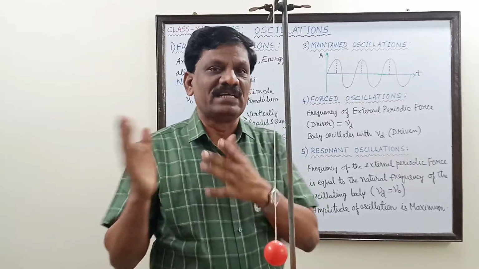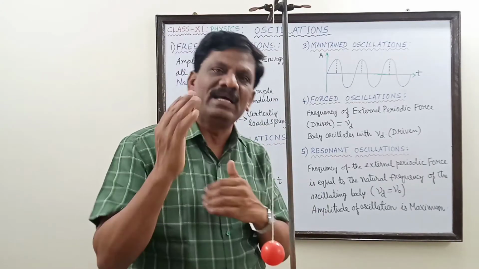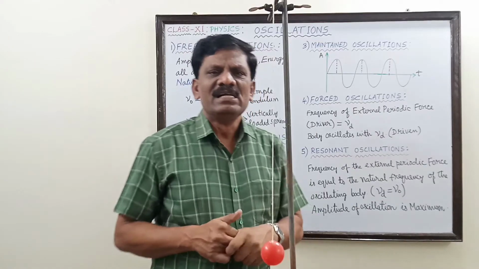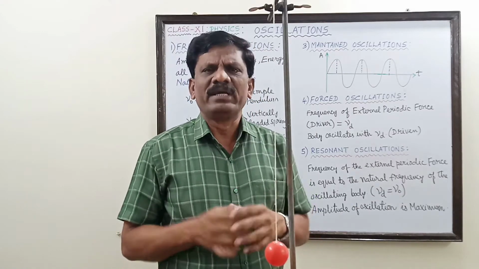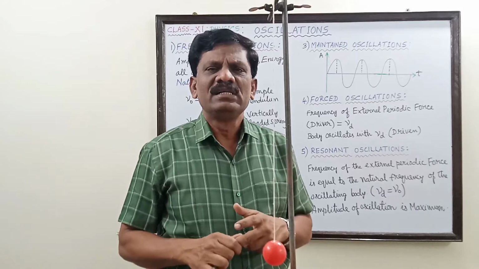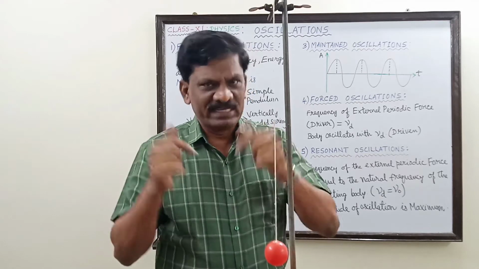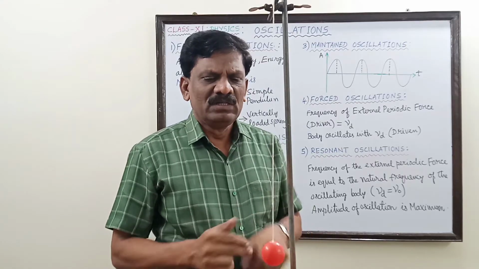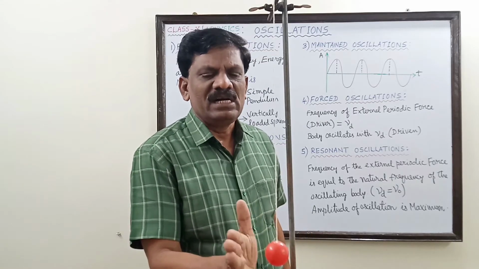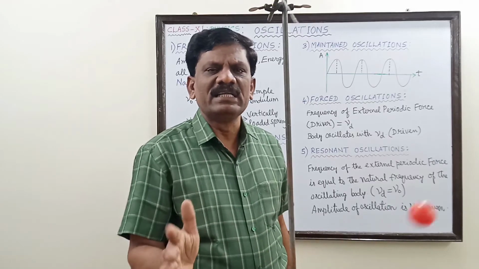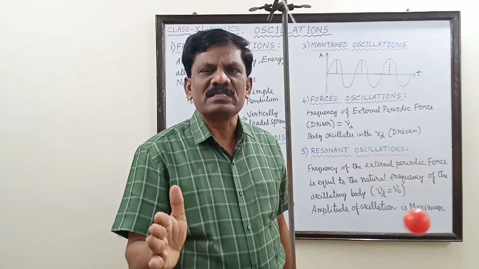The external periodic force is going to drive the system. That is why the external periodic force is called the driver. Who is driven by the force? The system. The system is getting what name now? The driven. Understand?